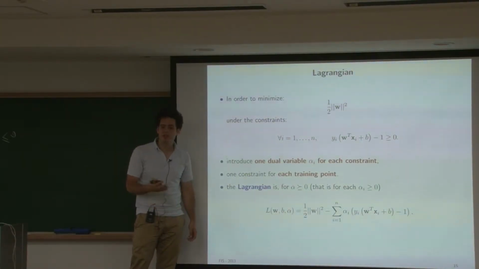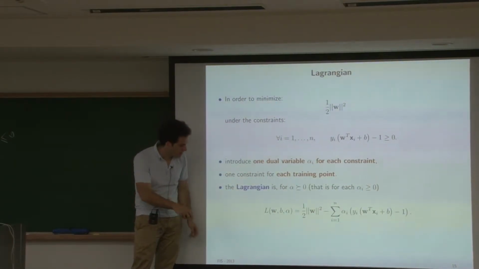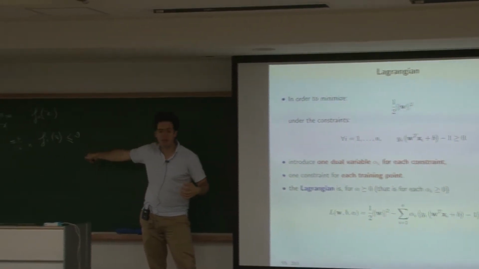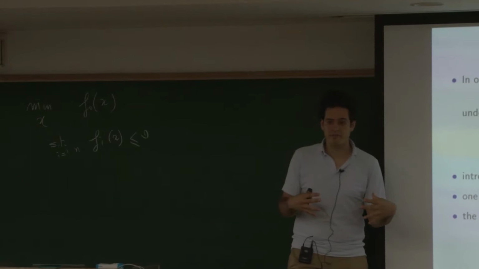Okay? So each alpha i is now a variable of the problem, but this problem now takes both the objective and the constraints together.